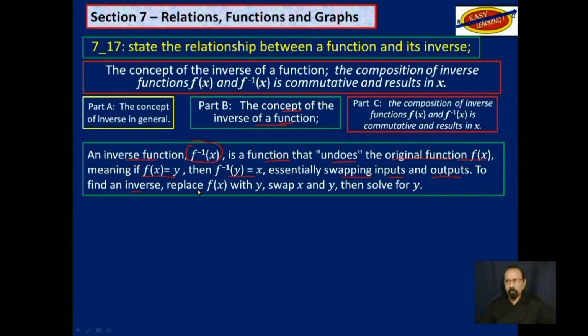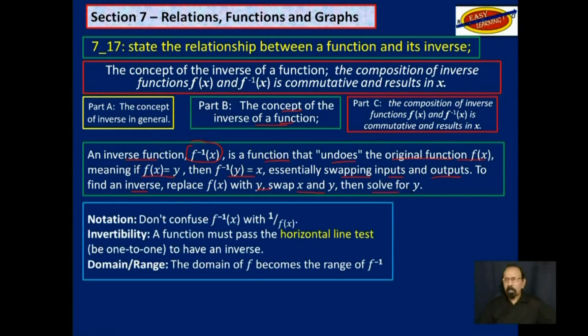To find an inverse, replace f of x with y, swap x and y, and then solve for y. Now, don't confuse inverse f of x with 1 over f of x. They are two different things.